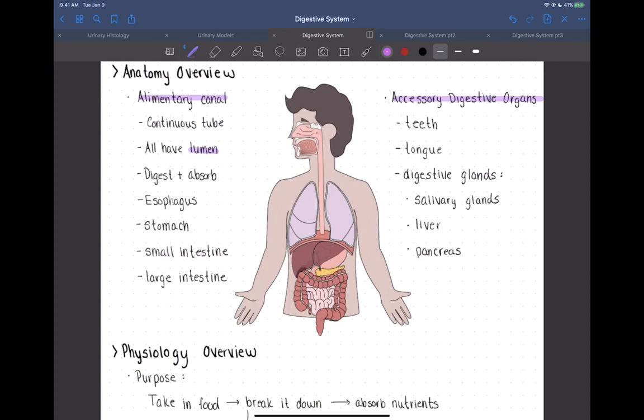So they're basically a continuous tube, and that tube has an opening on the inside called a lumen. So it's this continuous open tube, and then it's divided into different organs. The function of this alimentary canal is to digest the food and to absorb the different nutrients from food into the blood.